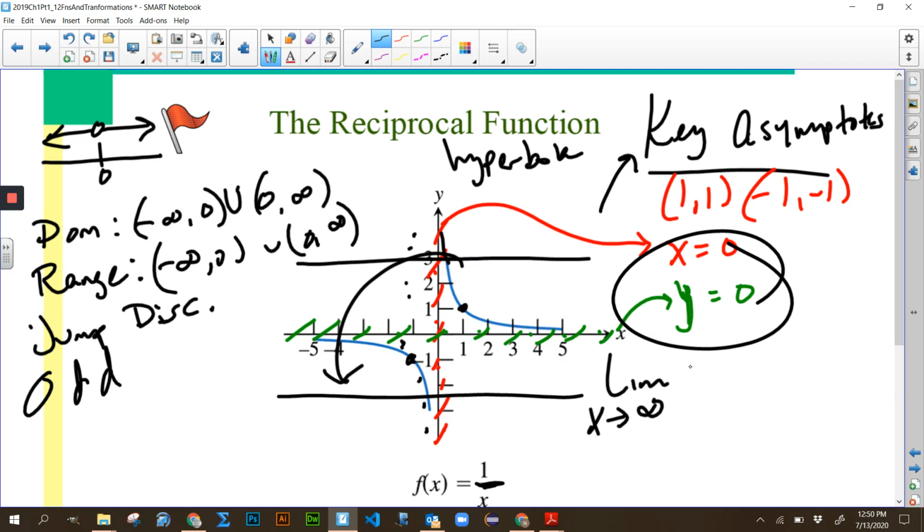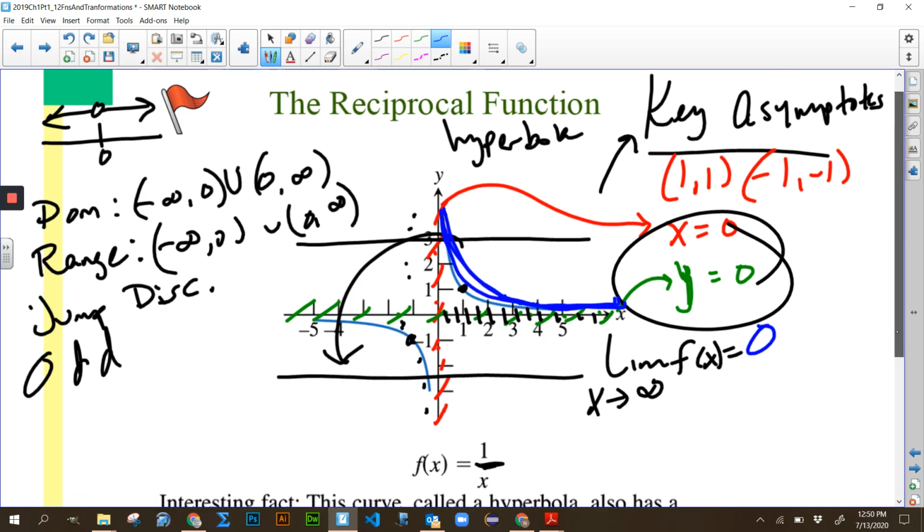All right, so the limit as x approaches infinity of f of x is, so as x gets bigger, what's happening to my graph values? My y values on the graph get closer and closer to 0. So this is something we haven't seen before, but as x gets bigger, y is getting closer and closer to 0, and that's what it's approaching.